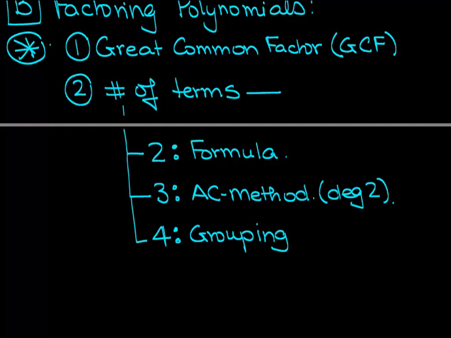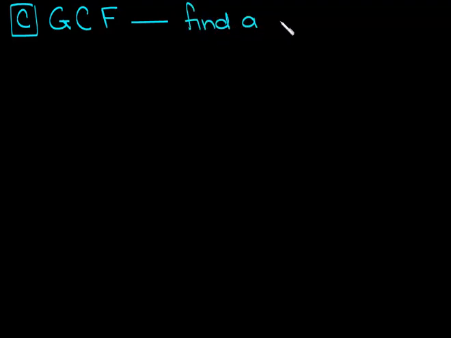So let's get started by looking at the greatest common factor. I'll just abbreviate that, greatest common factor. So basically what we're trying to do is find a number, an algebraic expression. Let me rewrite that.